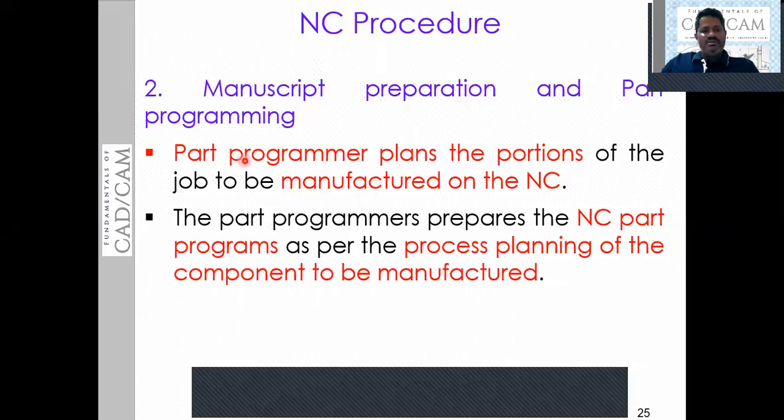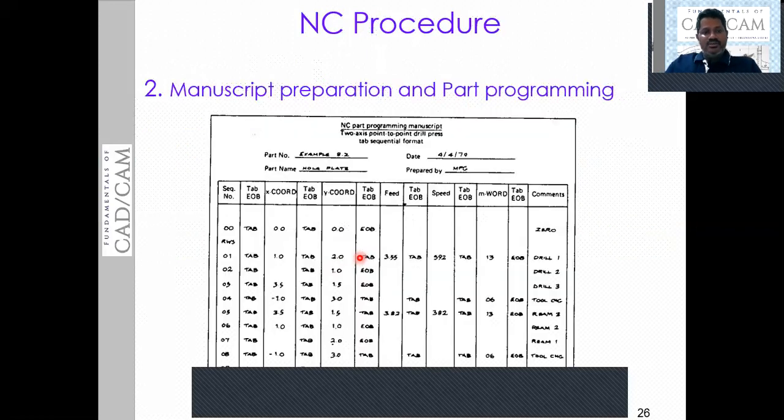So the programmer must be aware of all those steps documented in the process plan sheet. Then the part programmer prepares the part programs as per the process planning, which needs to be performed on the rough component to get the desired or finished component.